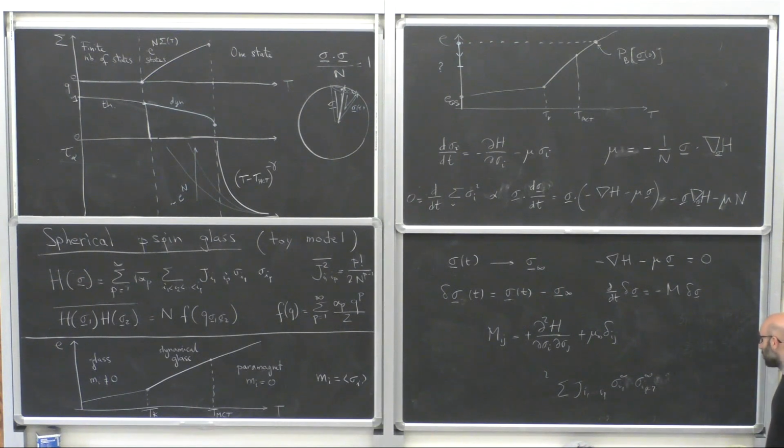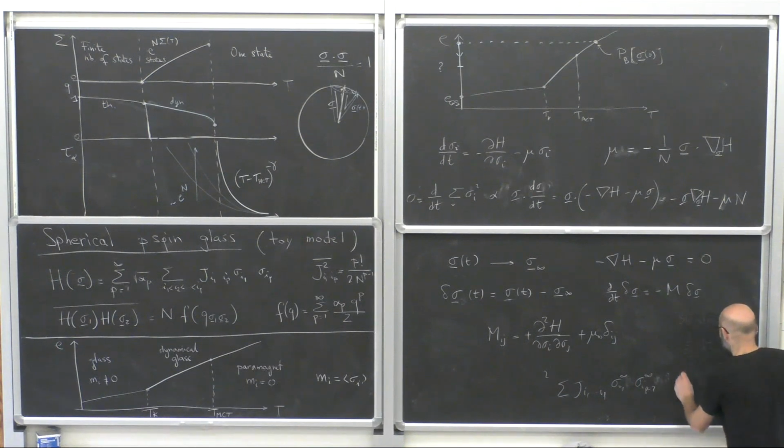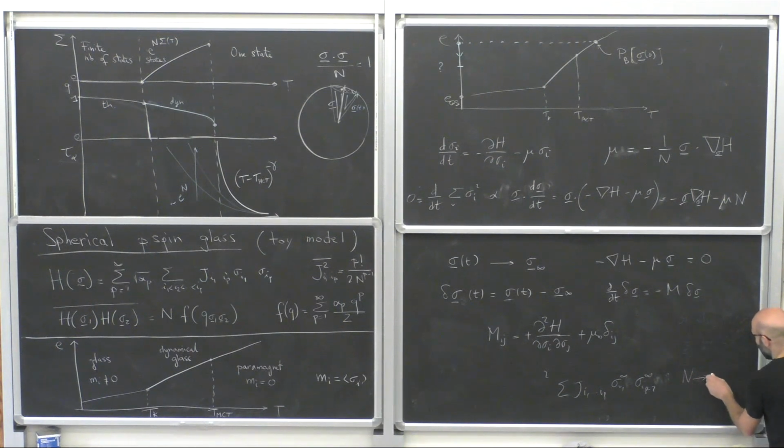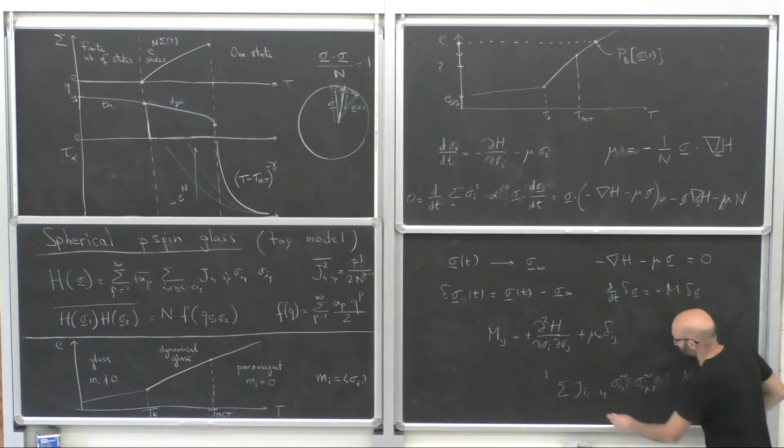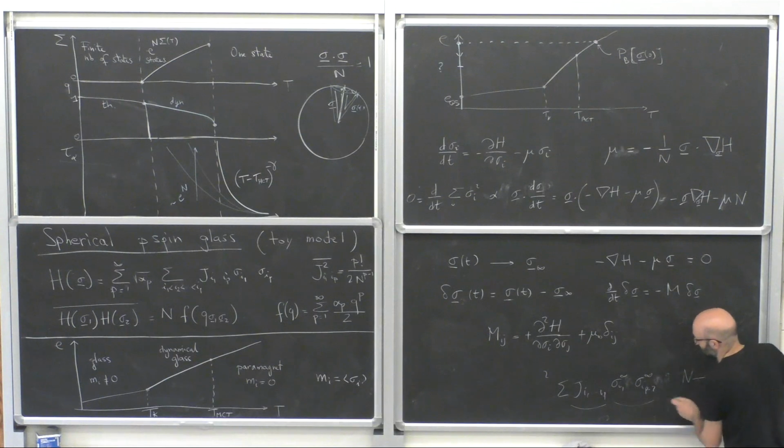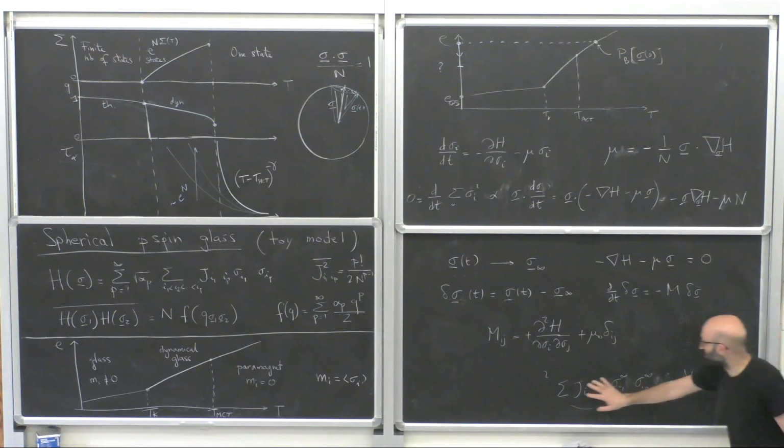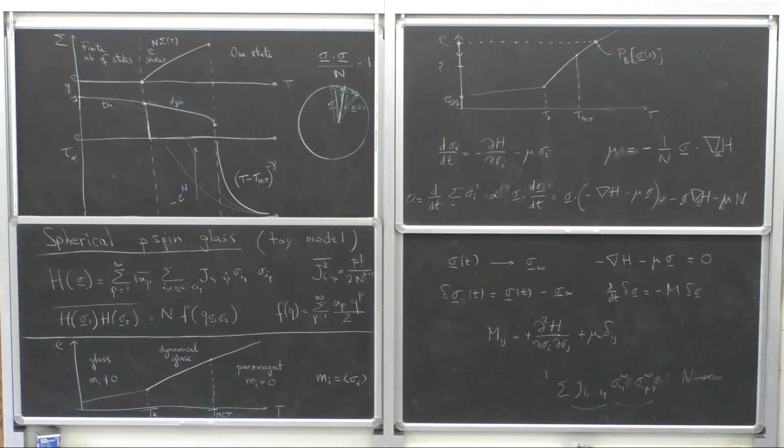Except that you can show, and I don't have time to do that, that in the thermodynamic limit you can forget the correlation between the J and the sigma. You can treat the J and the sigma as if they were uncorrelated objects.